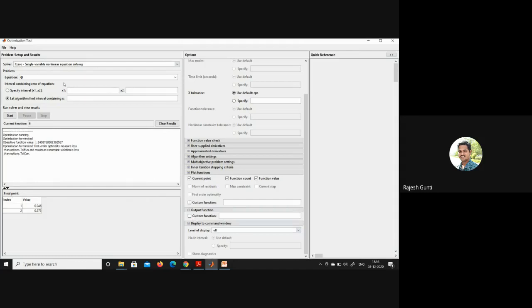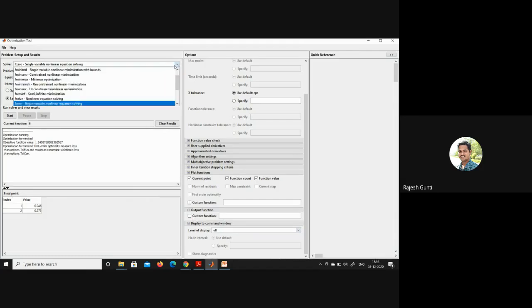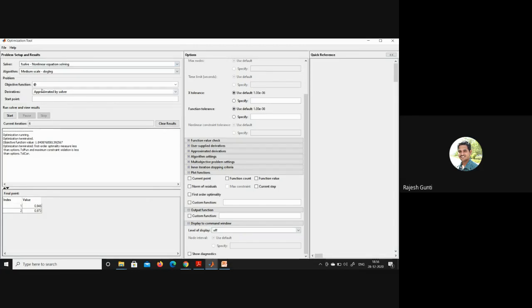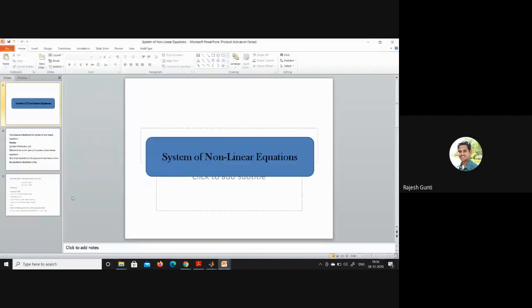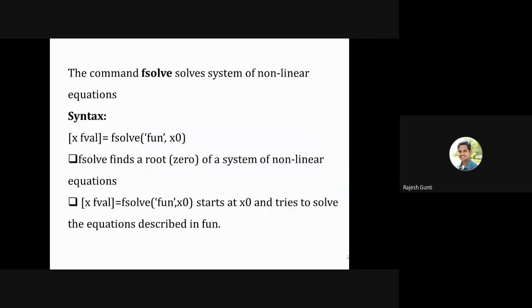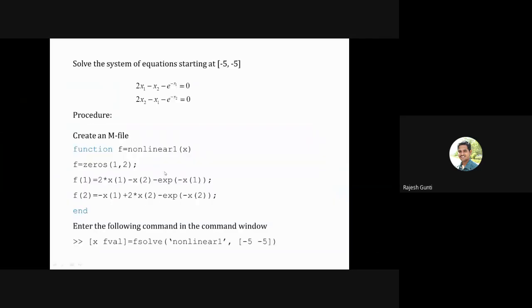Similarly, fsolve also solves non-linear equations. There we will give the point only, the first value and second value. Suppose we take next a system of nonlinear equations. First, we create an M file and we give the starting point.